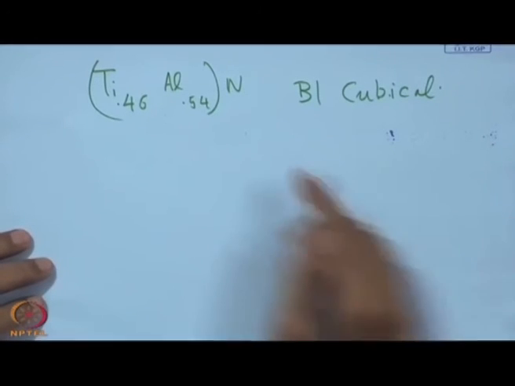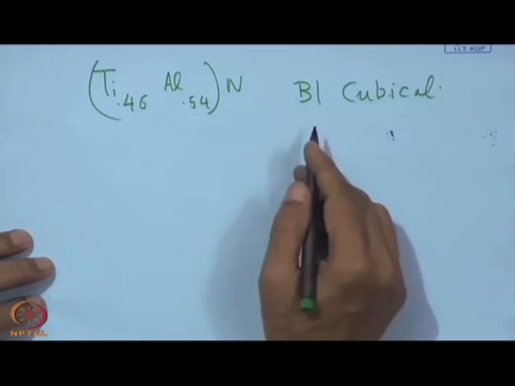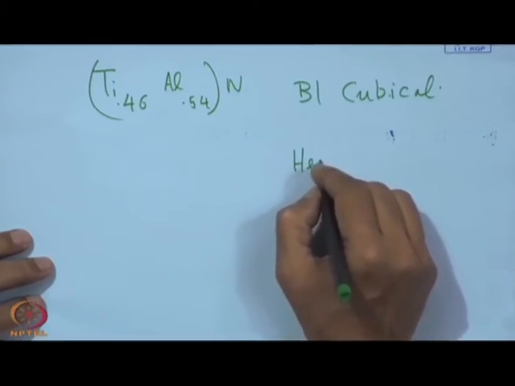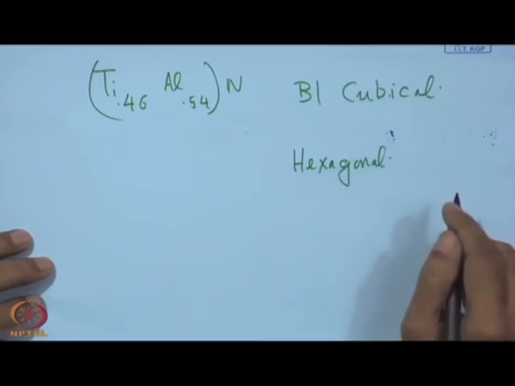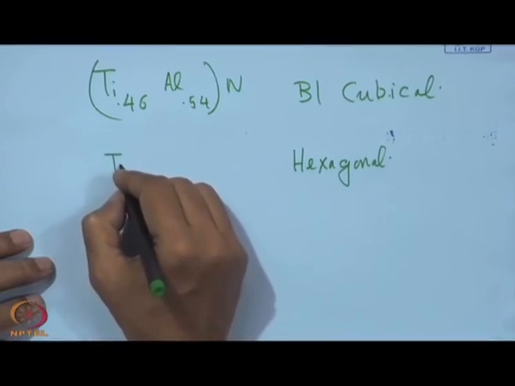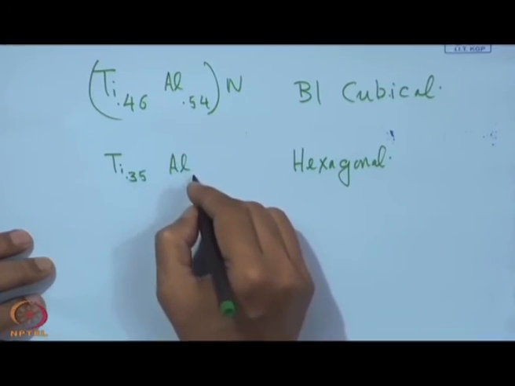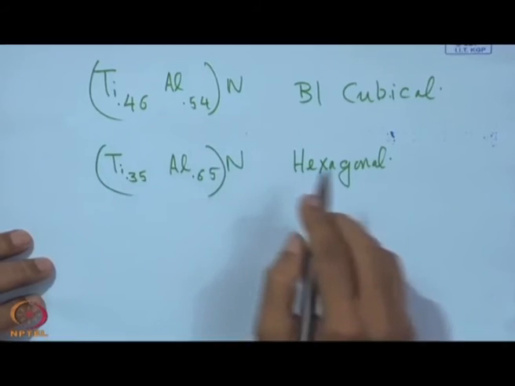But if we like to improve the performance of this coating, then one has to go for this Wurtzite structure, hexagonal. Wurtzite structure can be given by titanium 0.35 and aluminum 0.65. And to do this, what do we need?